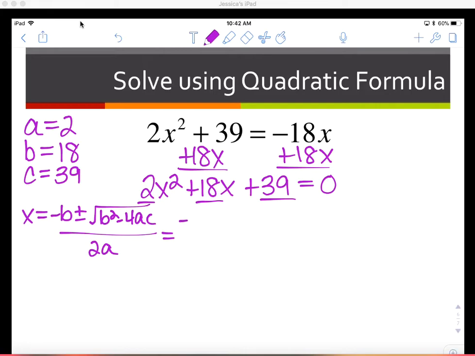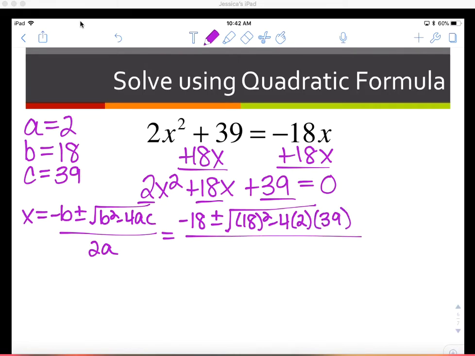Opposite B would be negative 18 plus or minus the square root of 18 squared minus 4 times A, which is 2, times C, which is 39. This is all over 2 times 2.